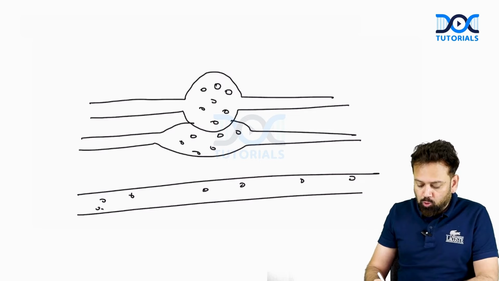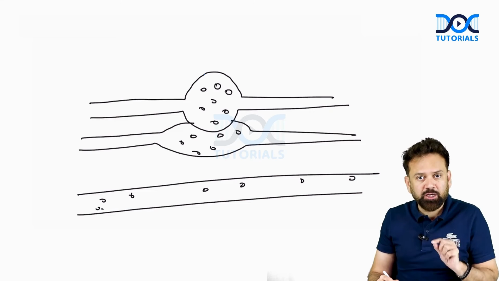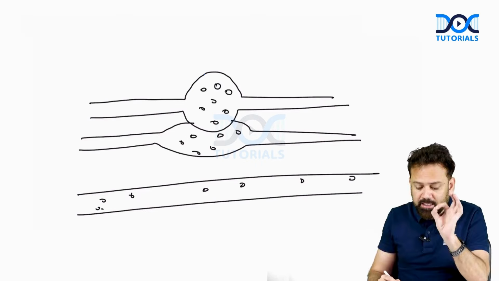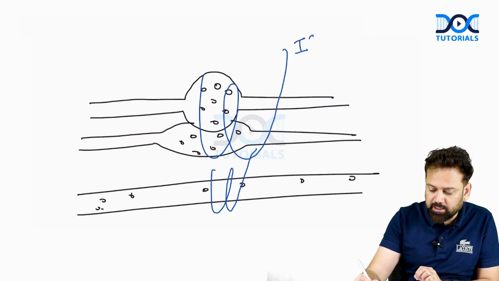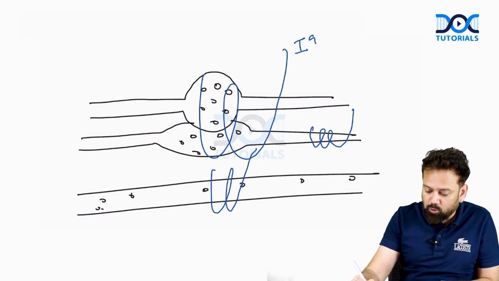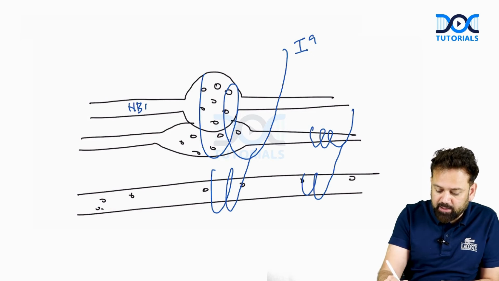Now, we know that the afferents of nuclear bag and nuclear chain are 1A and 2. But now I will tell you specifically, 1A is carrying from every nuclear bag and every nuclear chain, either static or dynamic. But 2 will take only from static. This is nuclear bag dynamic.